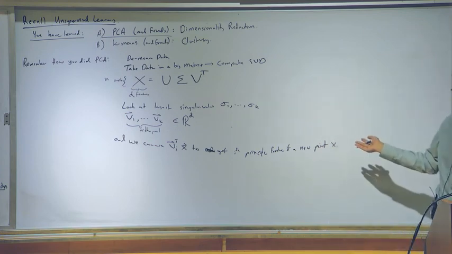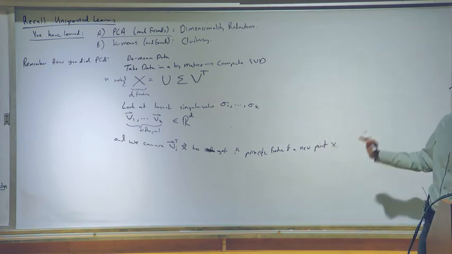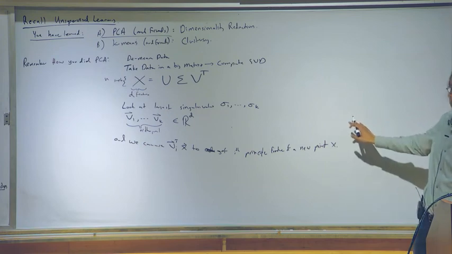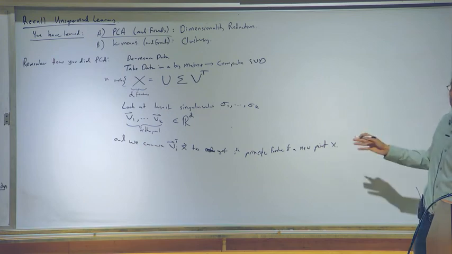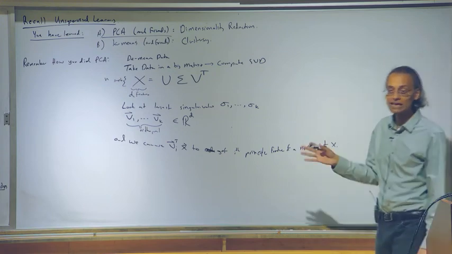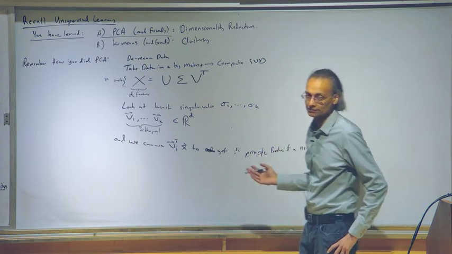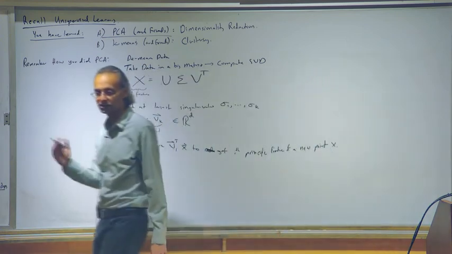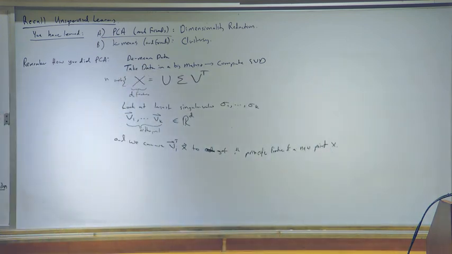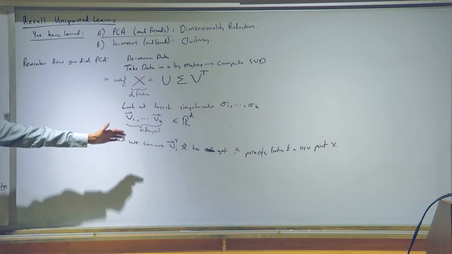So this is how you think about using PCA for dimensionality reduction. Everyone familiar with this? What are you saying when you do this? You're saying that you have this data, and it seems to live in a large d-dimensional space. But by looking at it this way, you say that most of the variation is actually coming in these k dimensions.